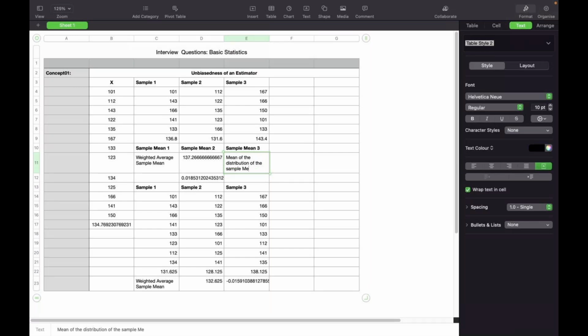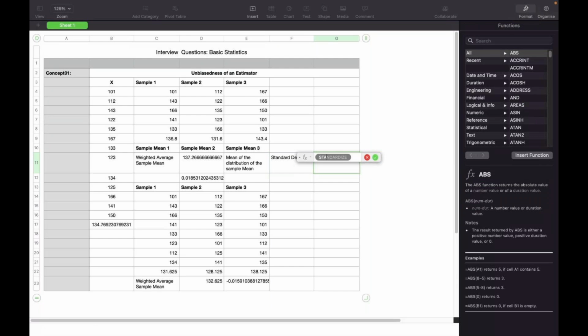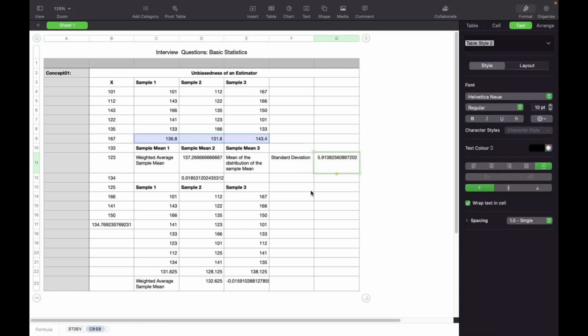If you are computing a weighted average, you can also compute a standard deviation for them. So this will be the standard deviation of the sample means.